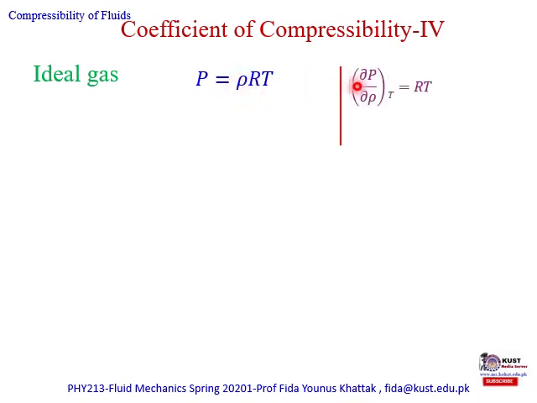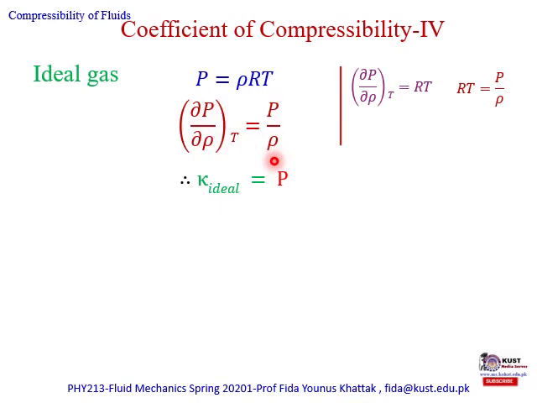If we write down the change in the pressure with respect to the change in density at constant temperature, from this relation we can write this down as RT. And we also can write down from this relation that RT is equal to P over rho. So that would mean that the variation in the pressure with the variation in density at constant temperature is equal to P over rho.